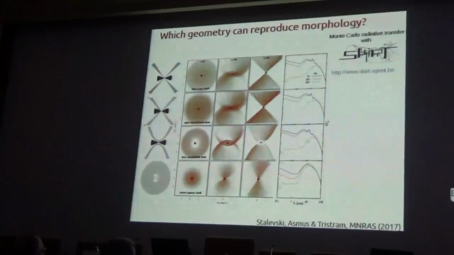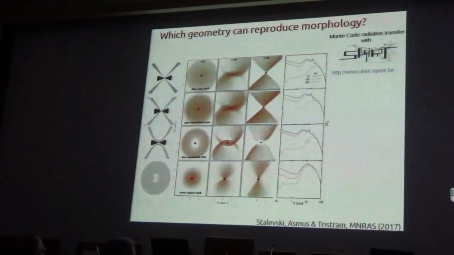So what we wanted to do was test several geometries that could possibly explain these observations. The first two are kind of what we would expect: we have the compact inner disk and then the large-scale cone, or the cone could be in the shape of a hyperboloid, which is effectively the same at large distance, but maybe more realistic in this inner region.